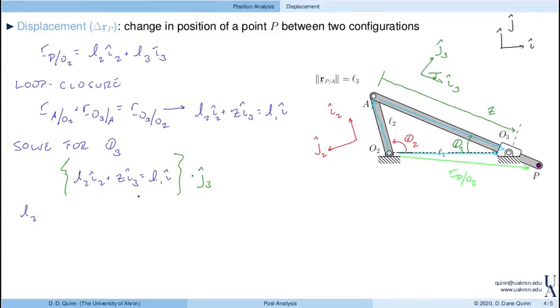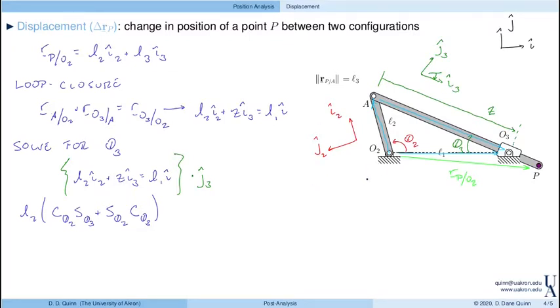L2, I2 dot J3. That's cosine of theta 2, sine of theta 3, plus sine of theta 2, cosine of theta 3.